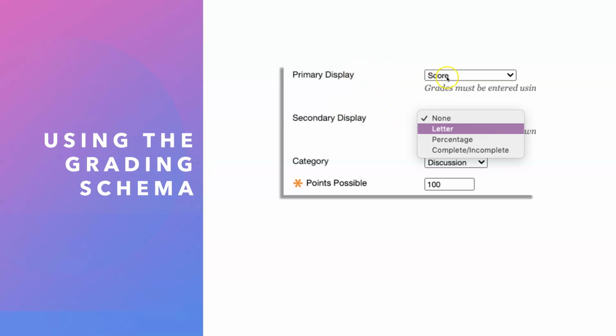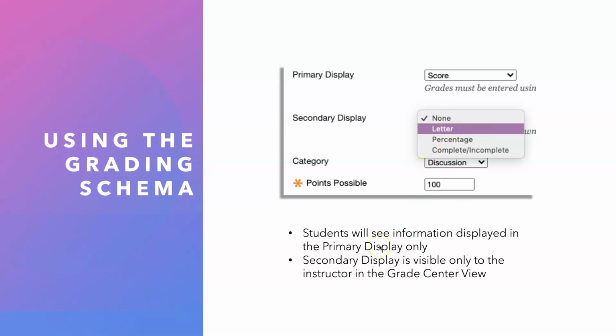So in this example, the primary display is score and we have selected letter as the secondary display. Just keep in mind that the students will see only the primary display in their view. However, instructors will be able to see both the primary and the secondary displays in the Grade Center view.